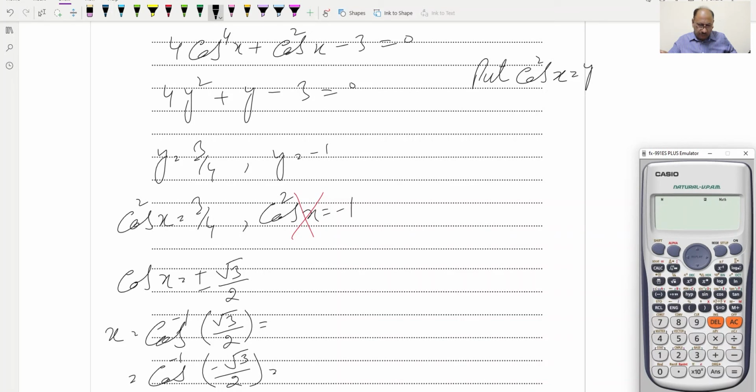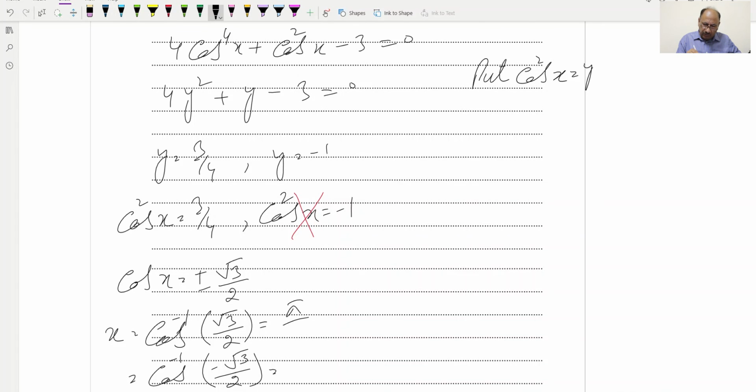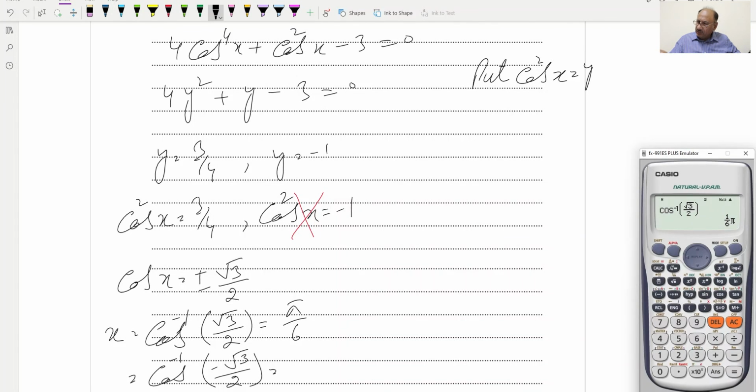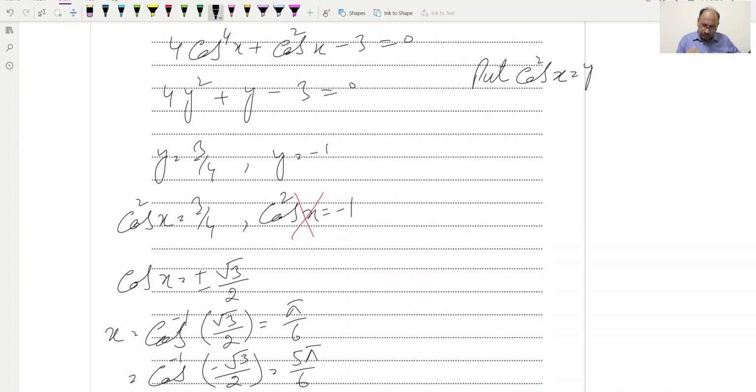Shift cos of root 3 over 2 is equal to pi by 6, and if we take the negative sign, this is 5 pi by 6. So these are the two values which we got.